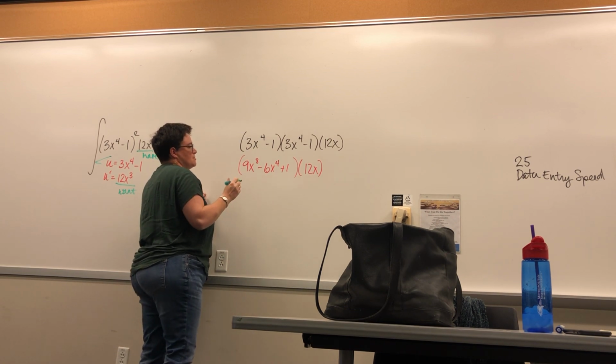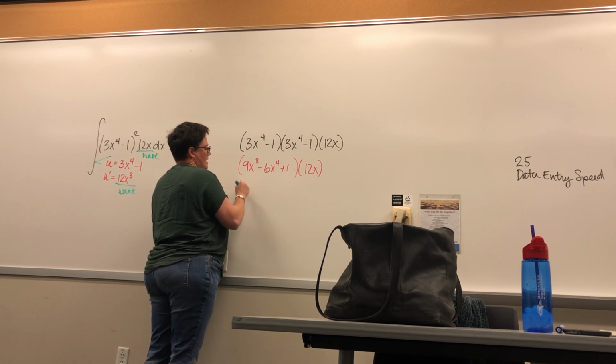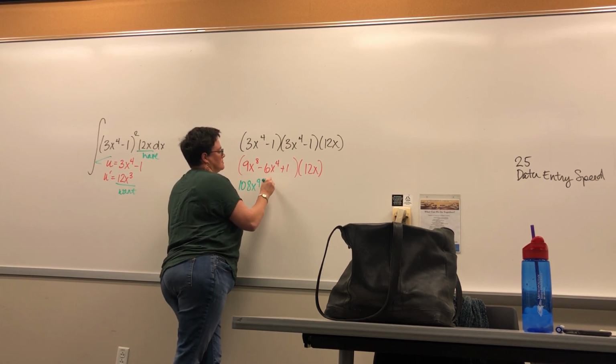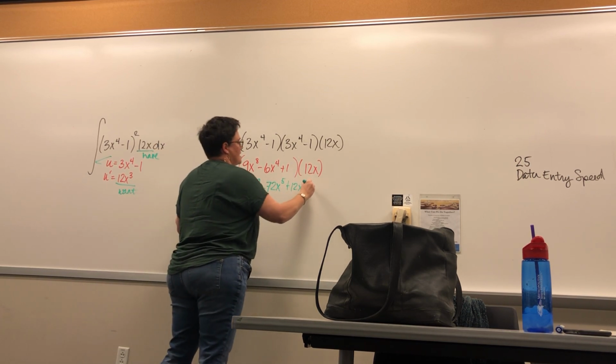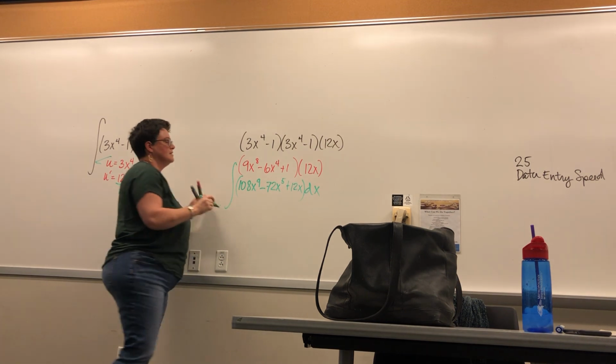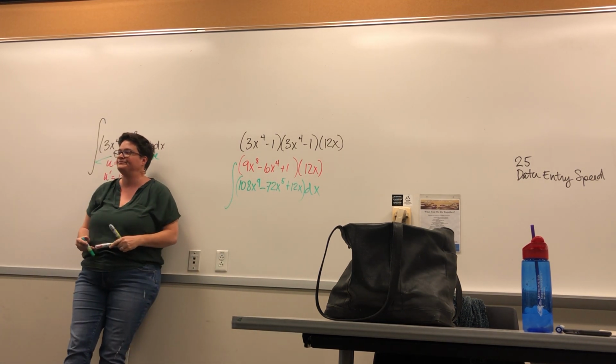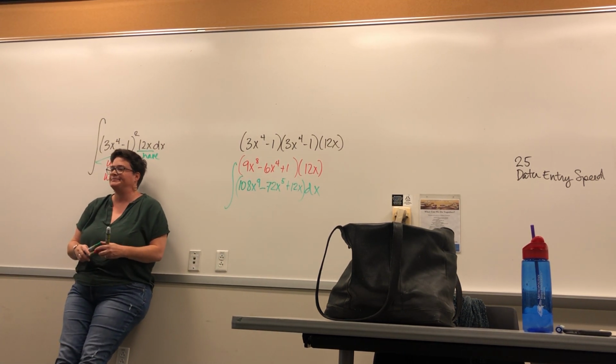And when we distribute that 12x, we get 108x to the 9th minus 72x to the 5th plus 12x. So now we can integrate that with respect to x, and it's integral number 1. Tricky.